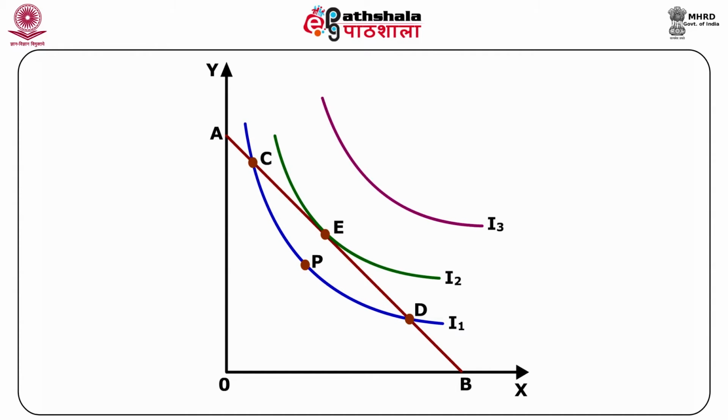and the consumer can move to the higher indifference curve I2 by choosing point E on the budget line AB. Thus, given the money income, the combination E yields greatest amount of satisfaction to the consumer. All other combinations on the budget line AB yield lower satisfaction levels as they lie on a lower indifference curve.